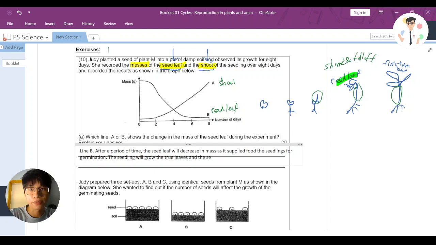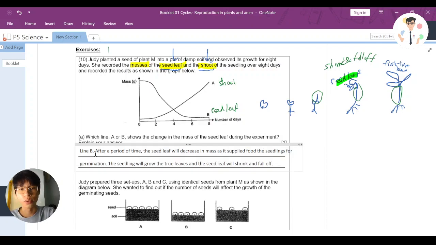And the seed leaf will shrink and fall, because it doesn't need that anymore. Okay, so I think that's good, and that's basically what happened here.